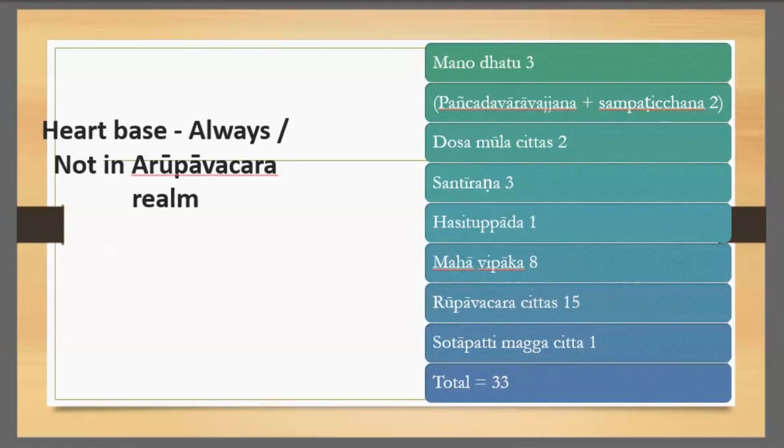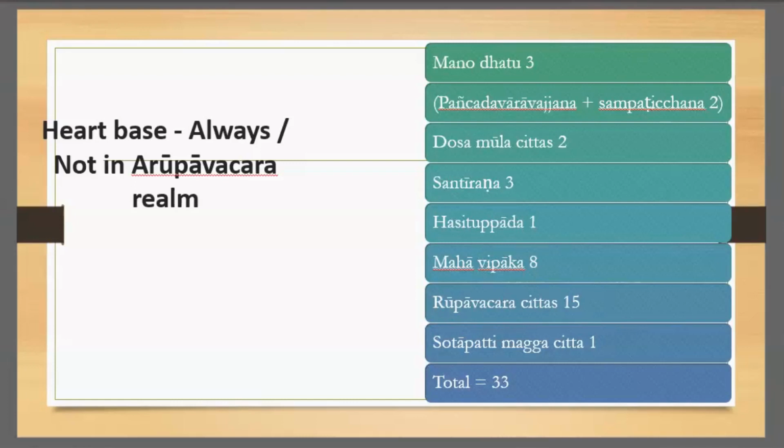The chittas that arise in kamavachara realm and rupavachara realm, except arupavachara realm, when they arise in these realms, always arise based on heart base, because they have heart base in kamavachara realm and rupavachara realm.